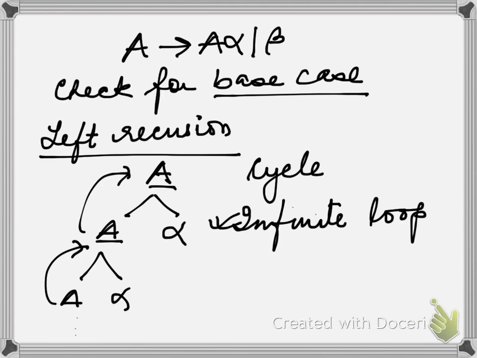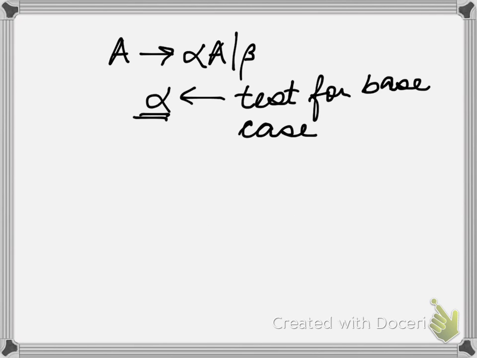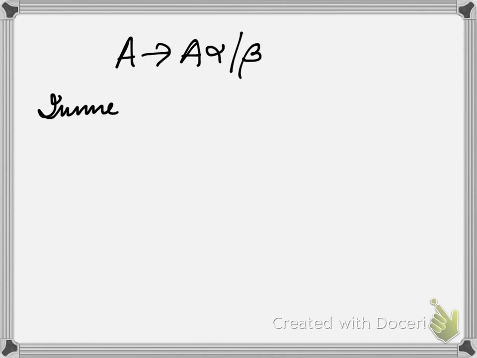So let us see how we can remove this left recursion. The recursion that we saw here was A derives A alpha or beta. This is known as immediate left recursion.